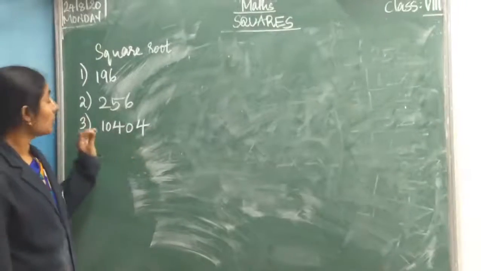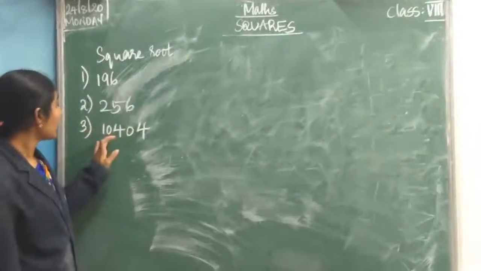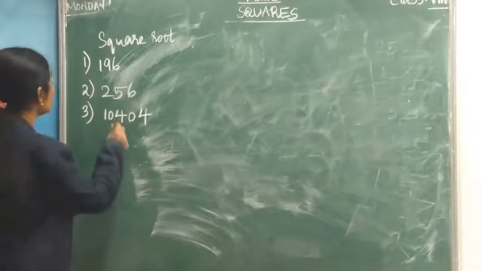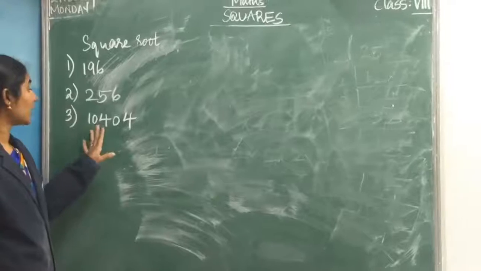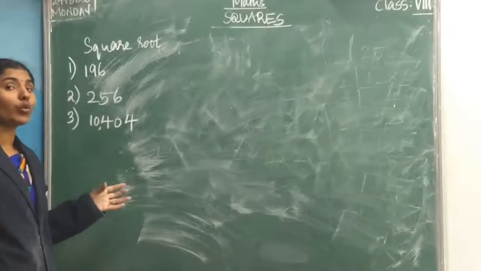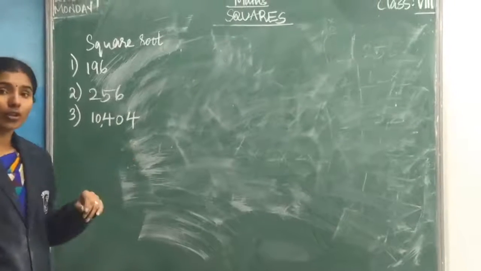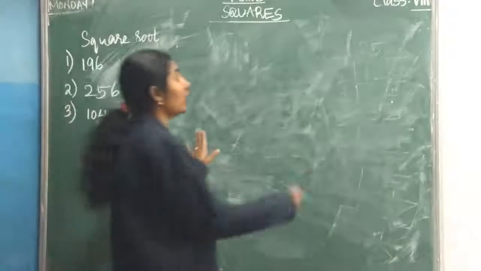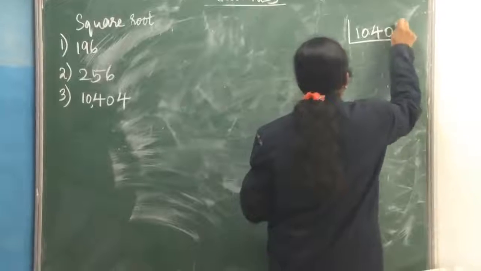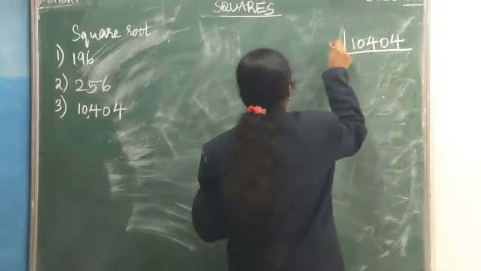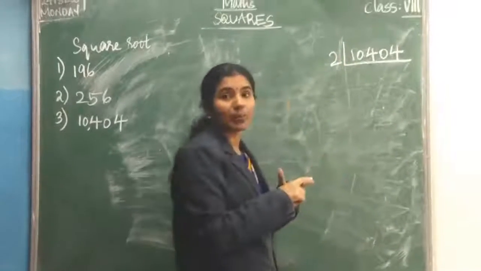The third number, 10,404. Okay, so the given number is 10,404. How to find the square root of this? By factorization. Factorize this number 10404. This given number is an even number, divide it by 2.